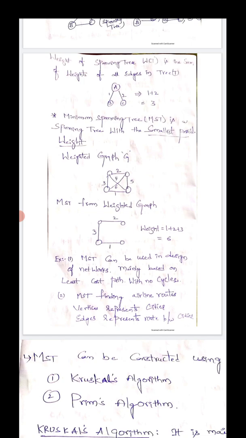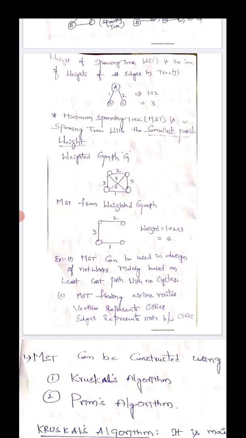Minimum spanning tree from the weighted graph: we don't want it to form a cycle. If you form the fourth edge, a loop will be formed. If you form the fifth edge, a loop will be formed.